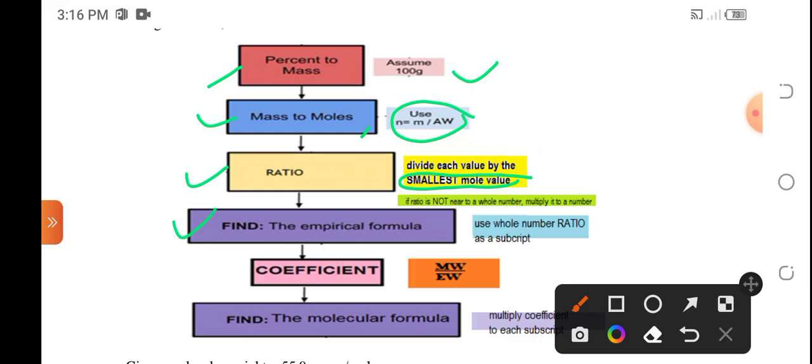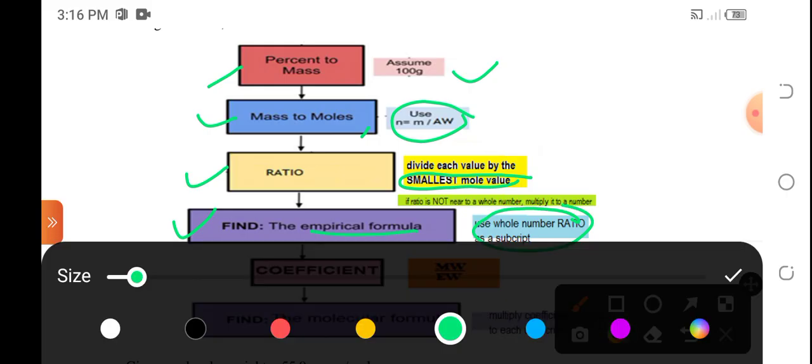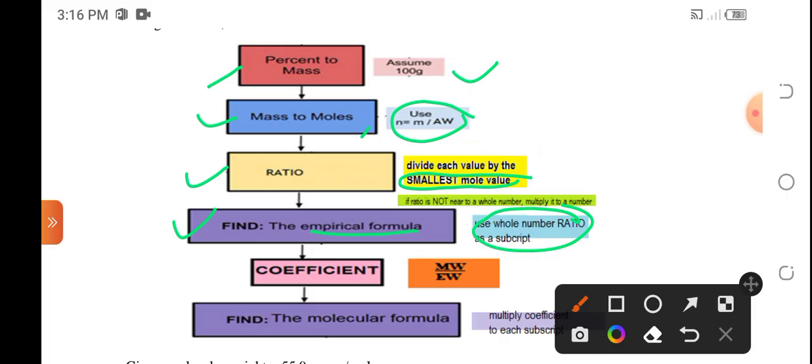Then step number 4, you have to use the ratio as a subscript for the empirical formula. Okay. Ang bago dito is you have step number 5, which is you have to compute for the coefficient. And that would be equivalent to the molecular weight, which should be given in the problem. Divide this by the empirical formula weight.